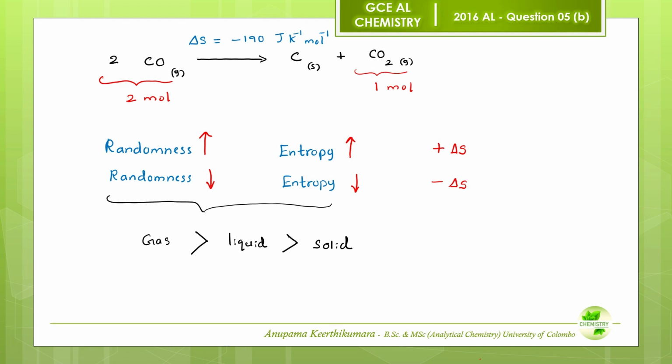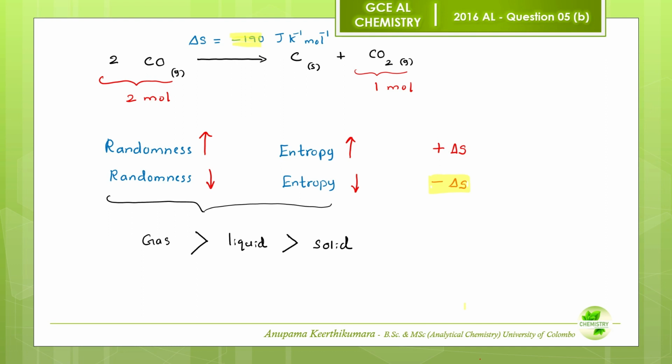That means randomness decreases during this reaction, or we can say entropy decreases during the reaction proceeds. For these types of reactions, entropy change has the negative sign. The calculated value of entropy change is also negative. Therefore, the sign of delta S agrees with the reaction taking place.